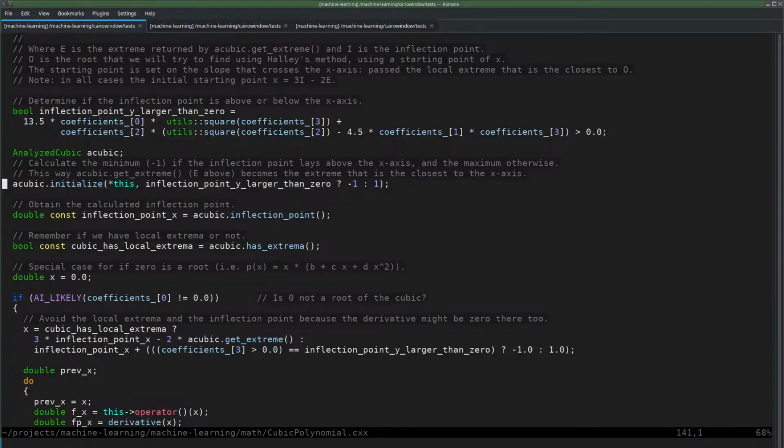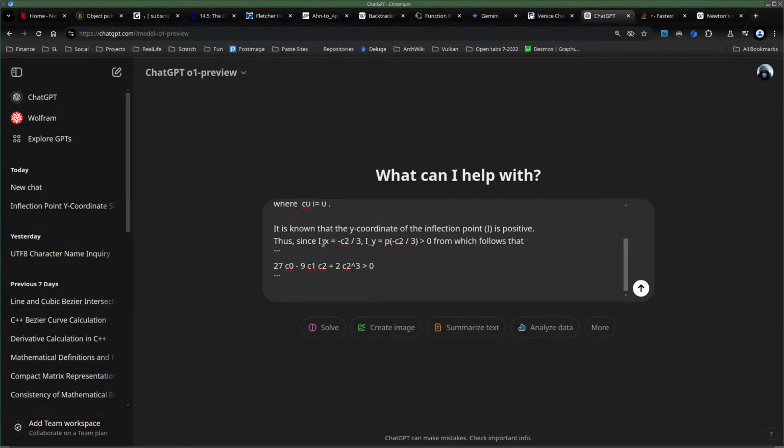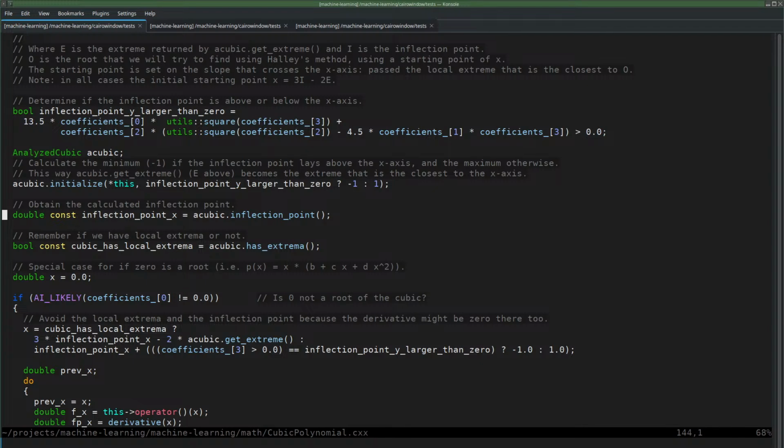Which then in turn means that my initialize or the analyze cubic is doing something mysterious, resulting in calculating the inflection point, but we already have that, it's the x-coordinate. That was this thing. And it does have local extrema.